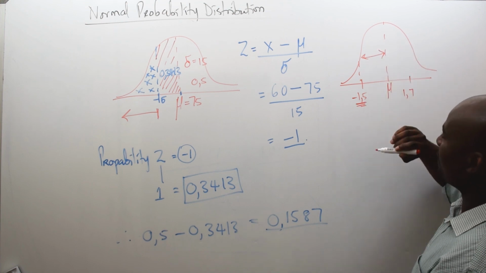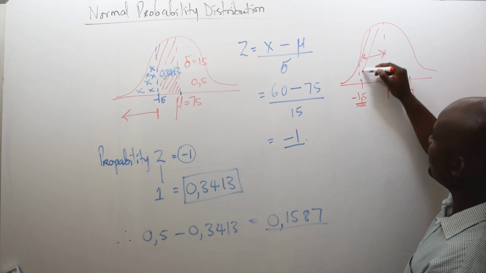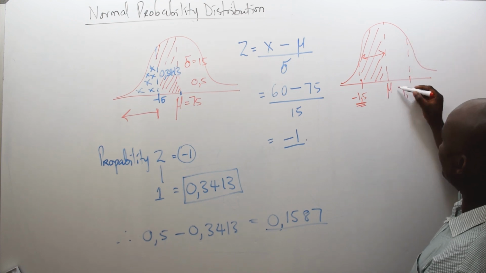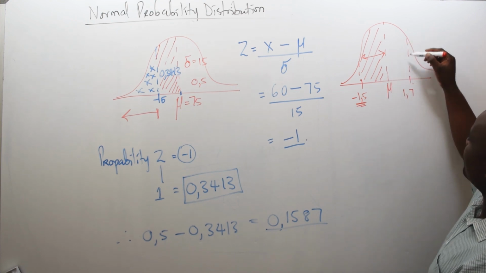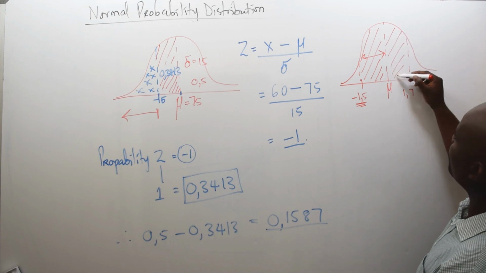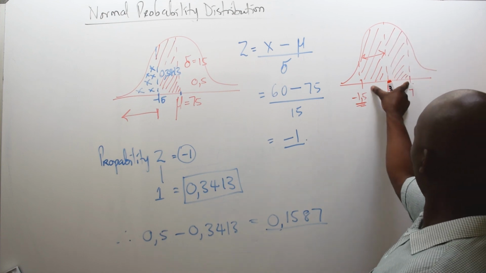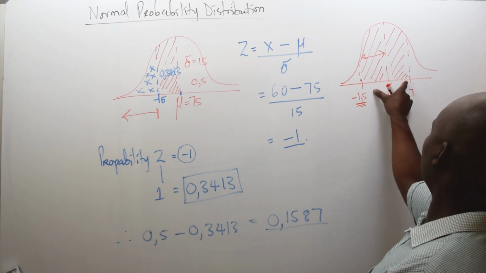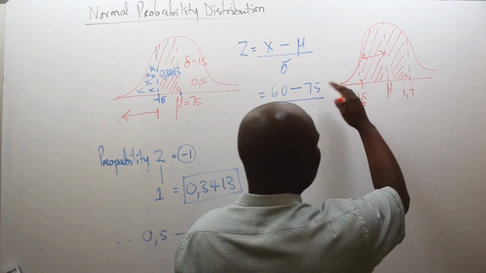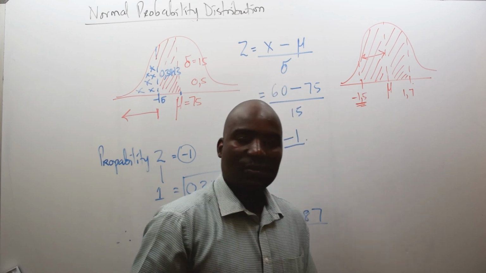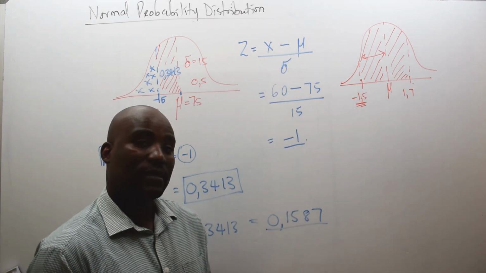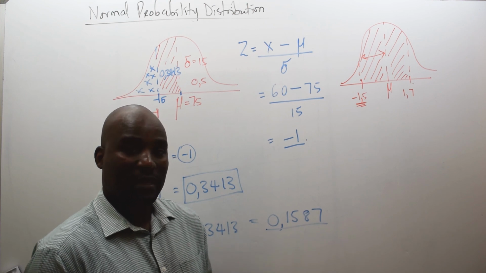Then the probability of the area from here to 1.7 would be this one. If you're looking for this whole entire area, then it should be about 68, 69, 70%. Then that's the balance that remains. So just be able to add and subtract, which is easier when you draw the diagram.